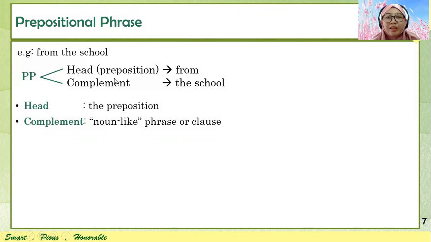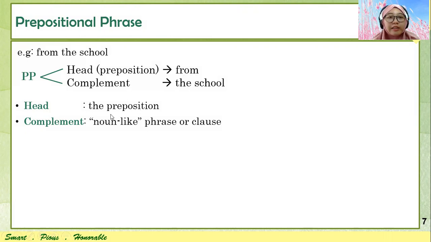Jadi kalau yang sebelumnya itu bisa head-nya saja, but this one it should contain 2 parts. Jadi harus ada keduanya ini. Karena kalau cuma from aja atau in aja or just on or at apa gitu, harus ada complementnya. Jadi ini from aja gitu, from apa kita kan nggak tahu. Jadi kita harus add the complement, from the school.